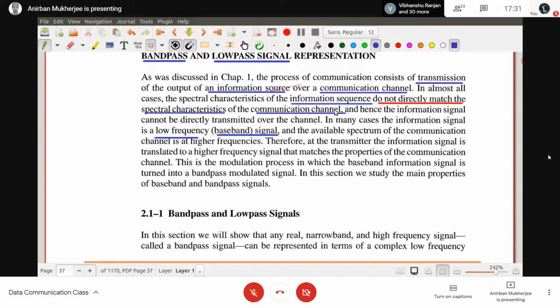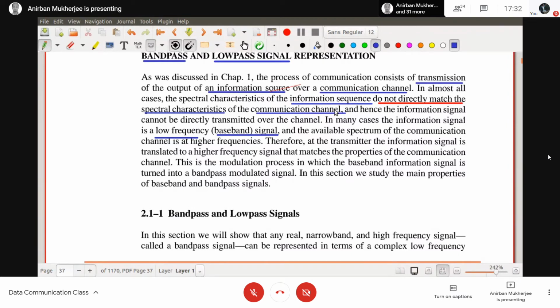Say you would like to transfer an ECG signal, or forget about the ECG signal, say somebody is beating a drum. Or say somebody is talking over the telephone.